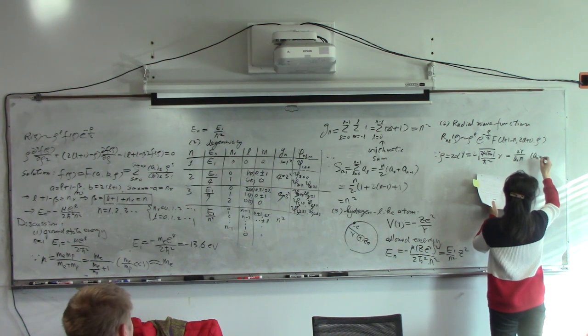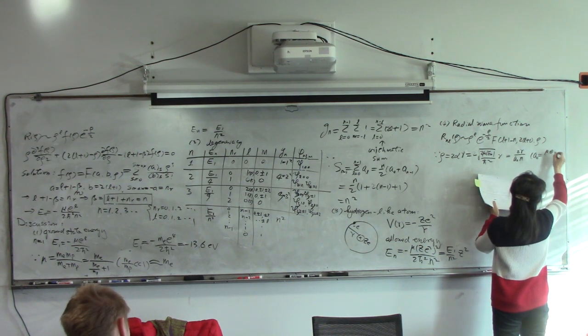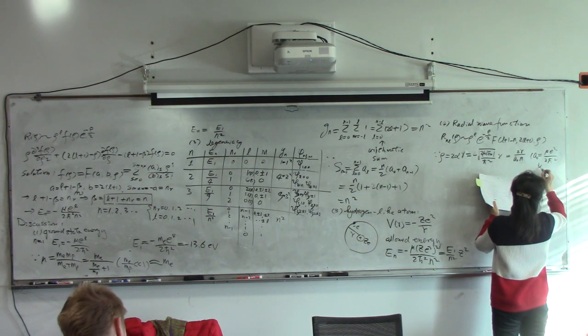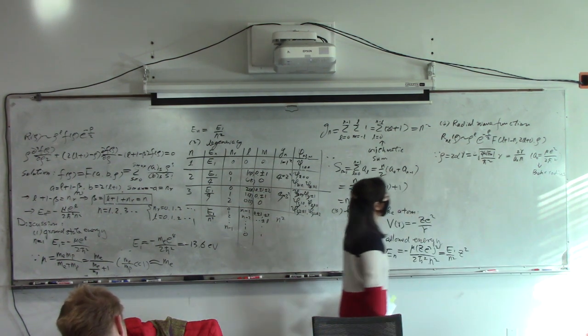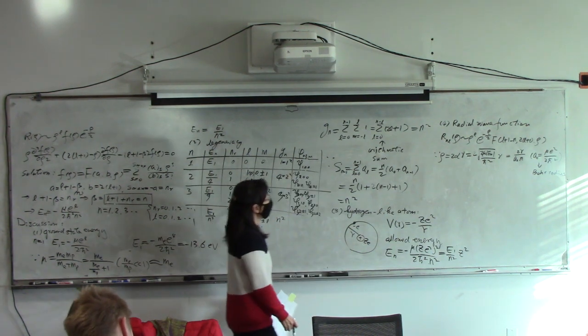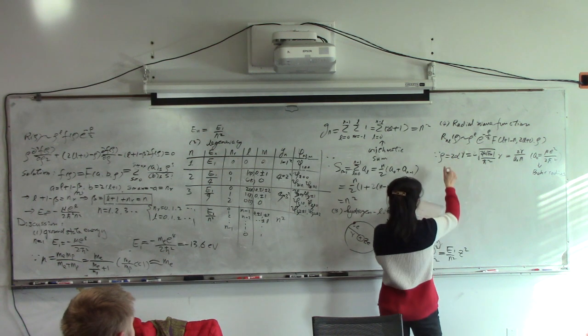Here we introduce a naught, which is the Bohr radius. Then we just replace rho by this one, so now it is a function of r.